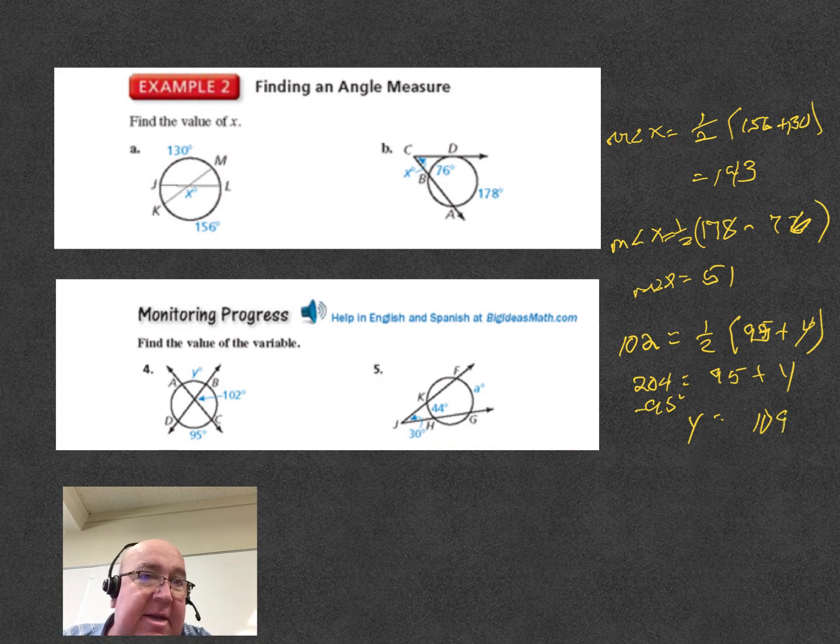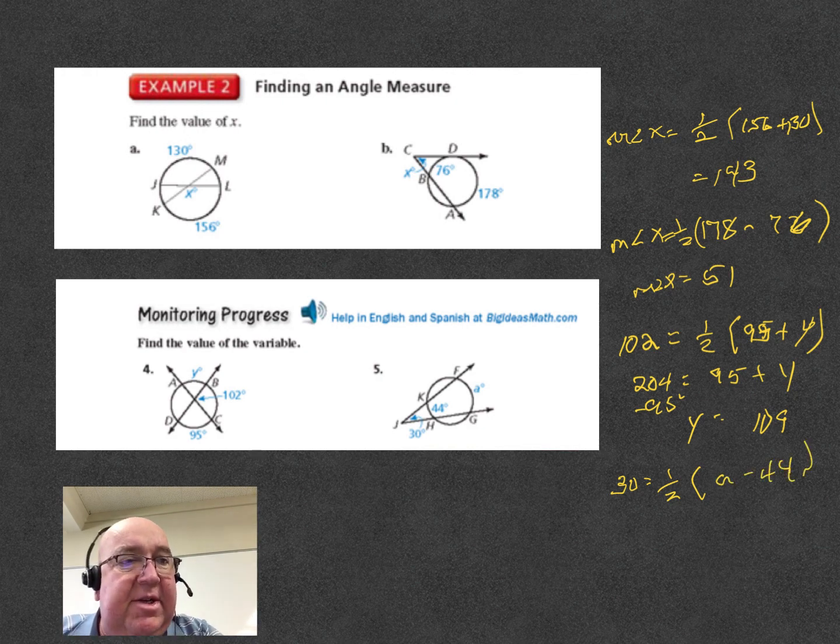And then this problem, we have a missing arc, so 30 degrees is equal to 1/2 a minus 44. Again, I'm going to multiply by 2, so I get 60 is equal to a minus 44. Add 44, and I get a is equal to 104 degrees.